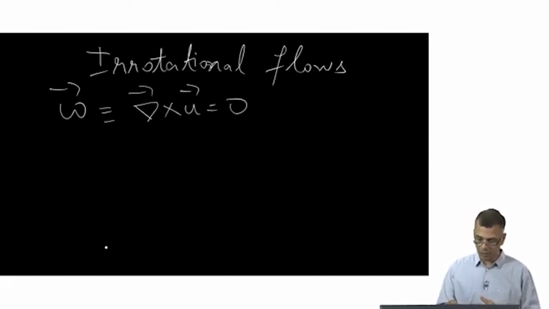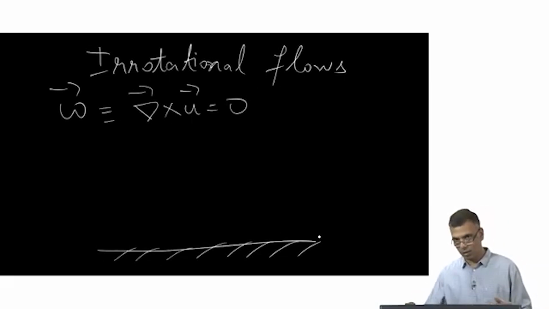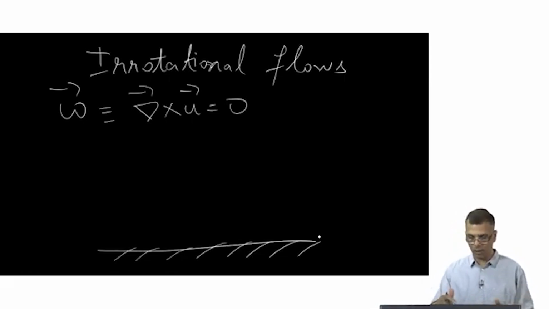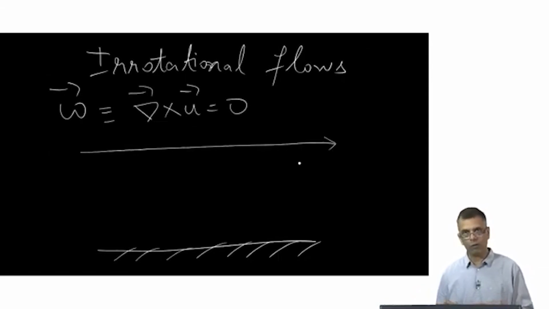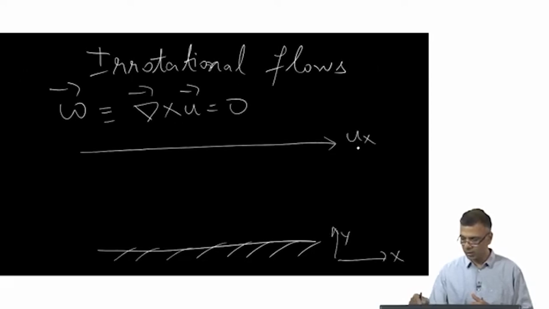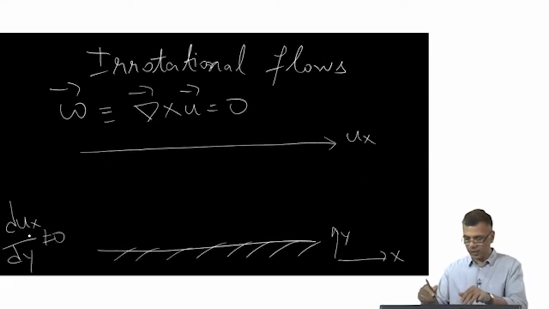Let's consider a situation where you have a viscous flow, the same diagram that we've sketched many times before. Here's the bottom layer, and here is the free surface of the fluid. Consider flow of a viscous fluid such as honey. Again, you have x and y, so this would be u of x, with a gradient of u of x as you proceed in y.